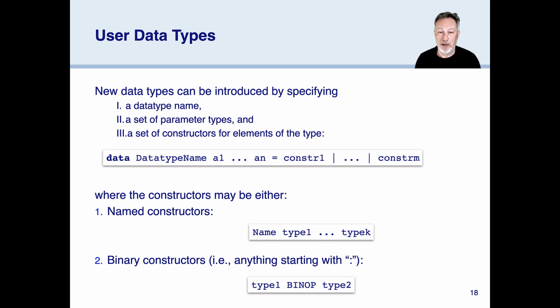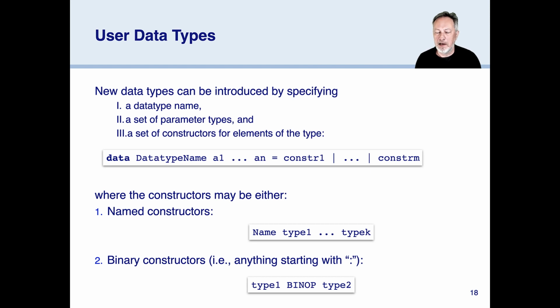We're used to doing that in Java and Python and Ruby and all our favorite OO languages. Then you have a set of parameter types. So the parameter types are essentially the data that the data type holds. So here in the template, we see data, that's the keyword, data type name, and A1 through AN, the list could be empty, are all of the pieces of data that that data type will encapsulate.